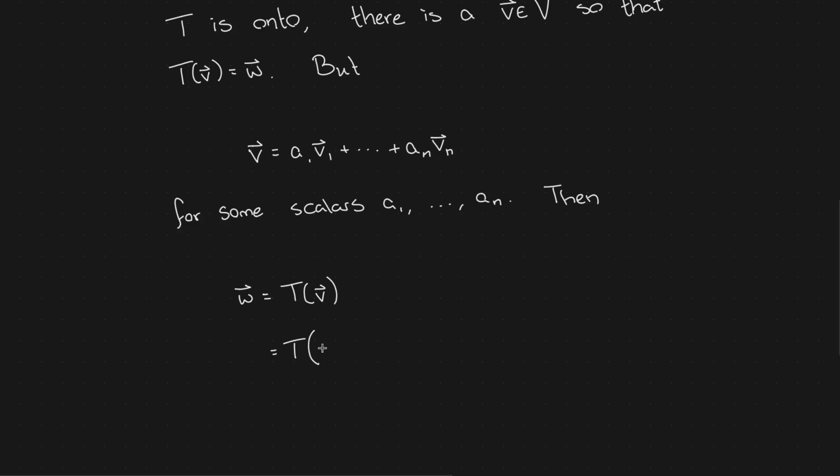Now I'm going to use the fact that T is a linear transformation. And so I can break up the sum and pull out the scalars.